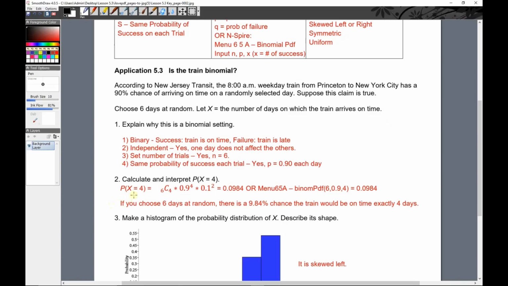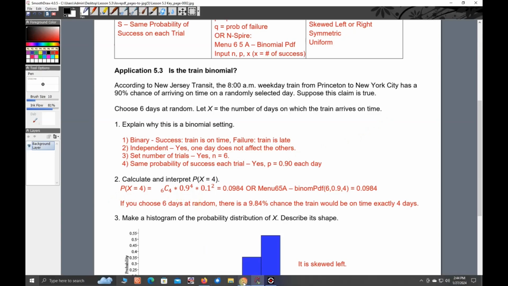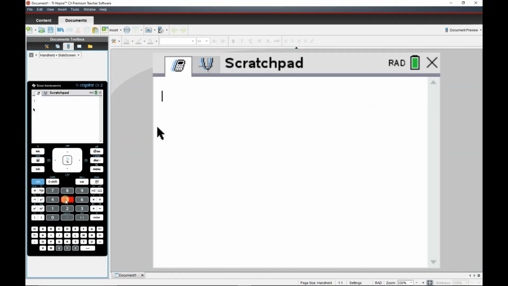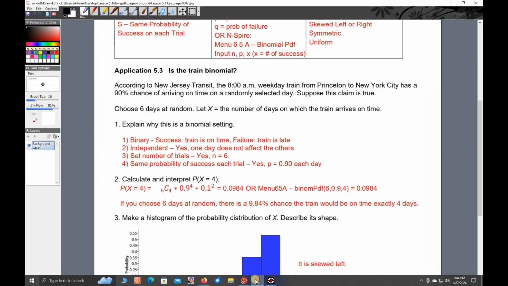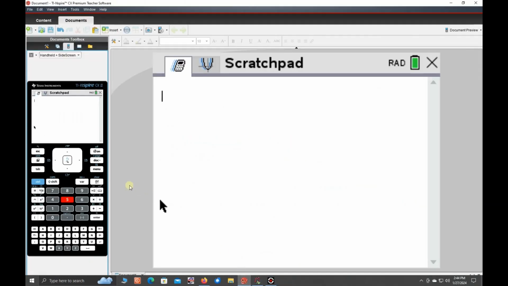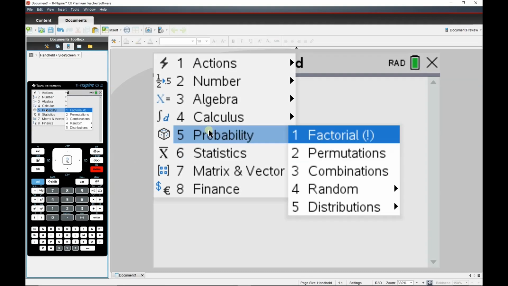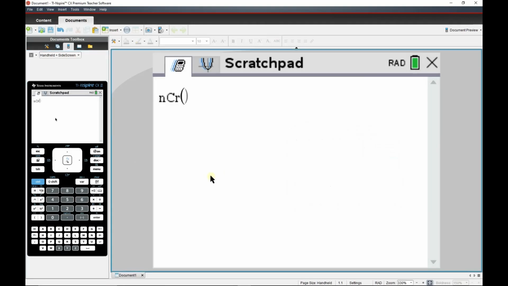All right, here is what we would do in the calculator. Let's go back to the calculator and clear this out. Menu 1.5 will do it, and we'll start out with the combinations. Let's double check that it was 4 days: the probability that X equals 4. So that'll be menu, probability, combinations.